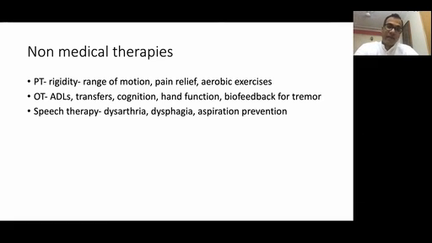Very severely affected patients learn transfers from one place to the other. We send them for a cognition stimulation program, hand function, and in early disease, sometimes biofeedback helps for tremor. Speech therapy is required when the patient has a disabling dysarthria or dysphagia, or in later disease when aspiration becomes a problem. So, those patients are taught what all tricks to avoid aspiration.